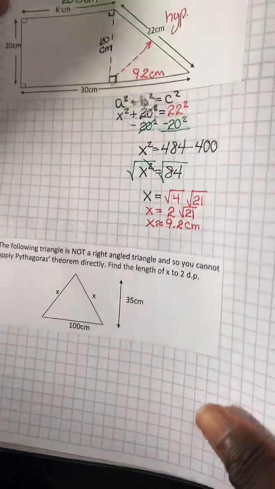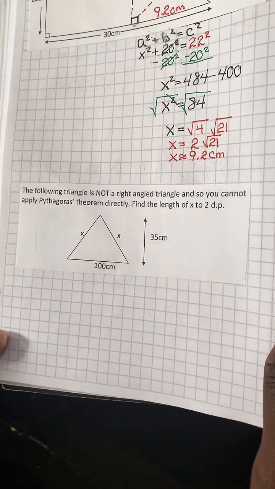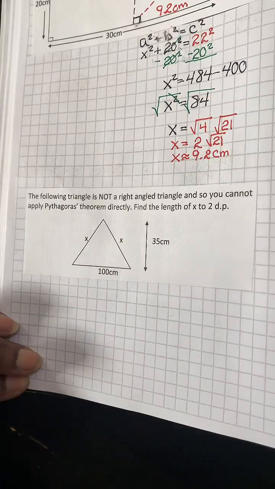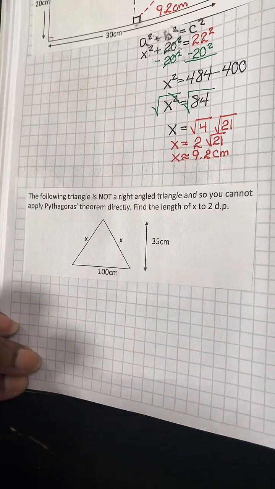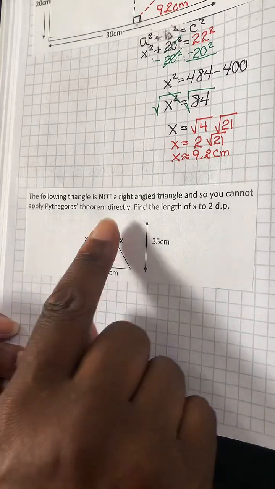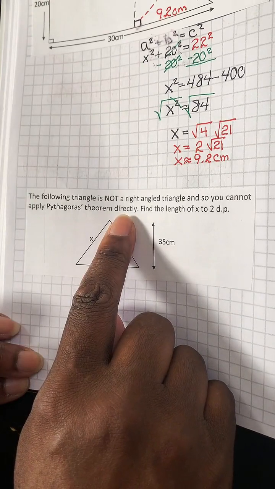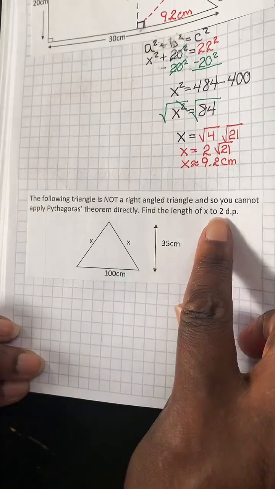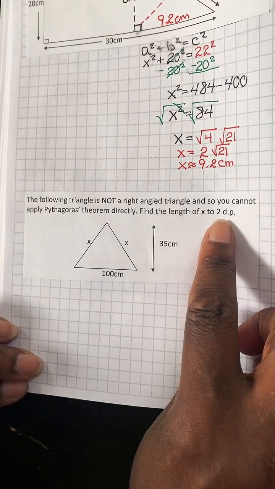All right, so let's take a look. The following triangle is not a right-angled triangle, and so you cannot do the Pythagorean Theorem directly. Notice the word directly. Find the length of x to 2 decimal places.